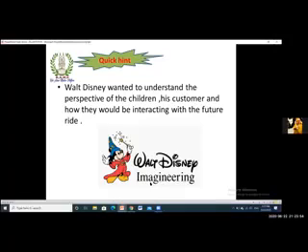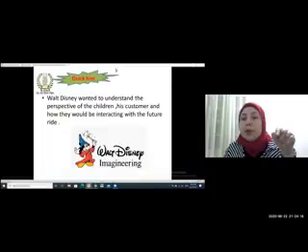Do you know this word? Do you know the meaning of the word Imagineering? If someone knows this word, please write their ideas in the chat box. If I say Walt Disney is an Imagineer, what is meant by Imagineer or Imagineering?